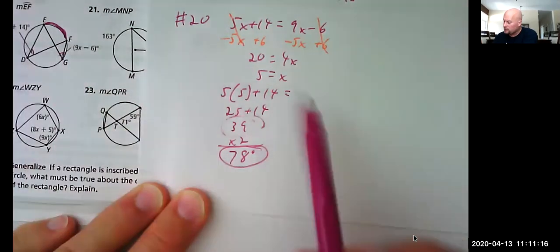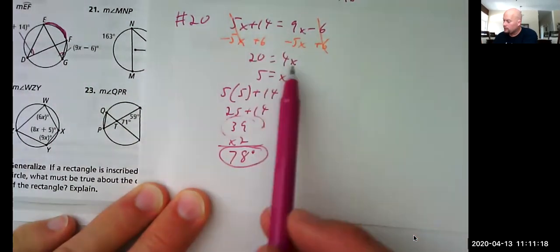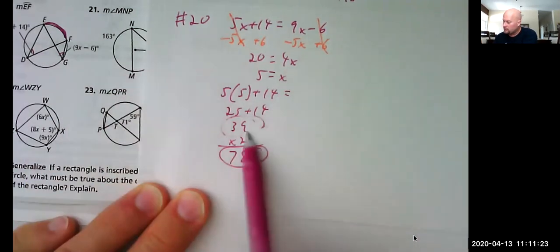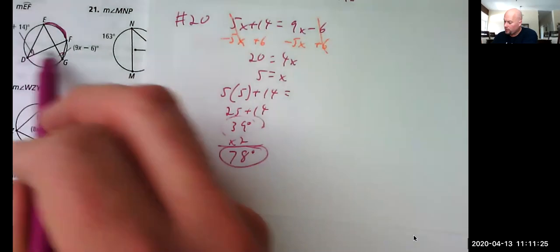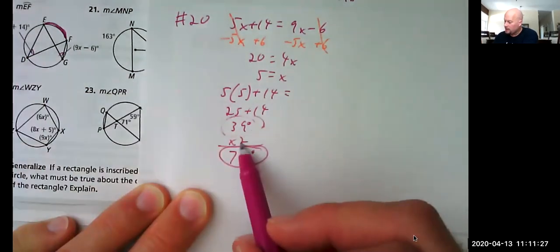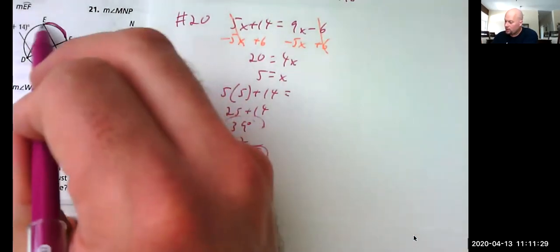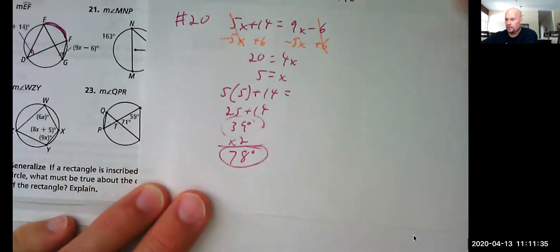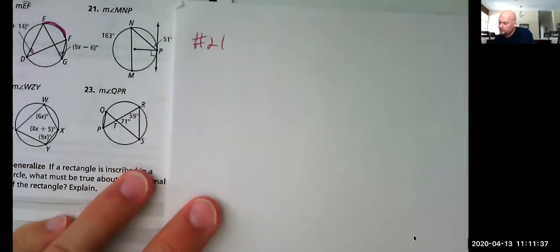So I took those two measures, set them equal, solved for x, plugged it back in for one of the angles, got the angle measure of 39 degrees for both of those angles, and then multiplied it by 2 to get the arc. Because again, the arc is twice the measure of an inscribed angle. And that's an angle on a circle. All right, now let's go on.